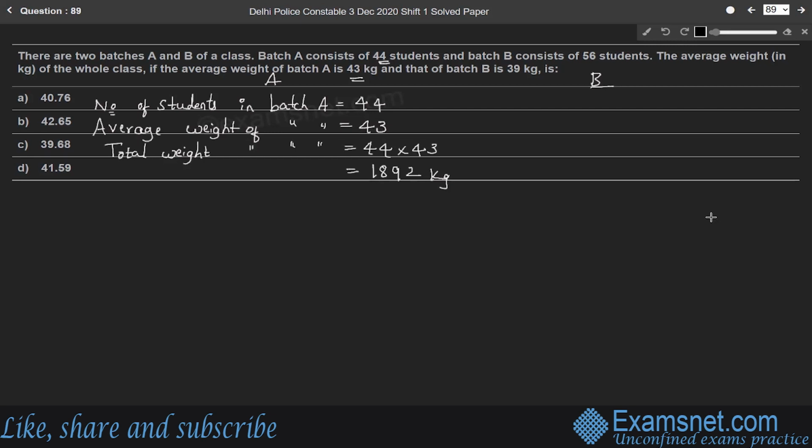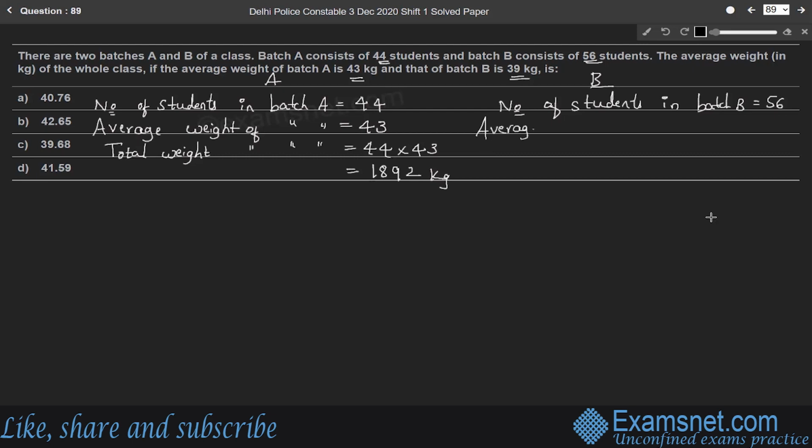So come to batch B. Batch B consists of 56 students. So number of students in batch B is equal to 56. And average weight of batch B is 39 kg.